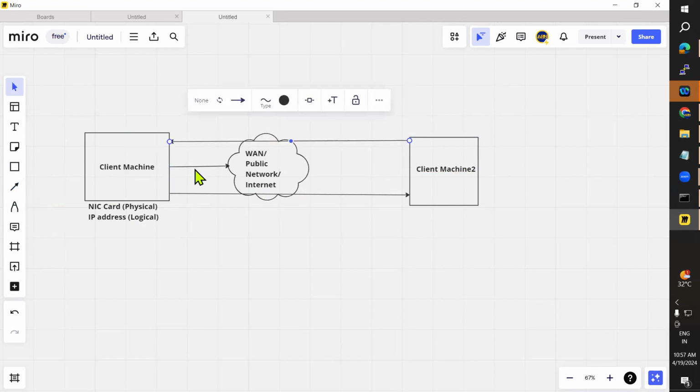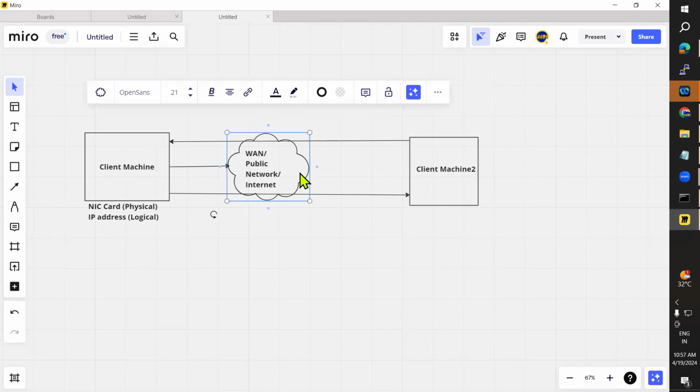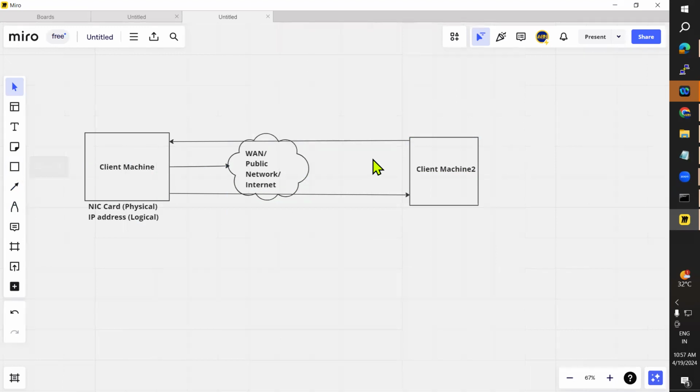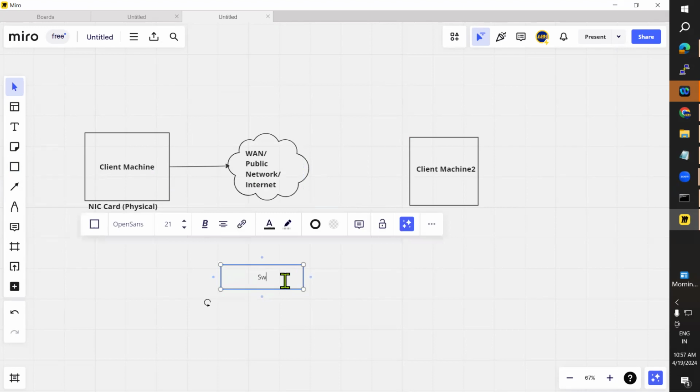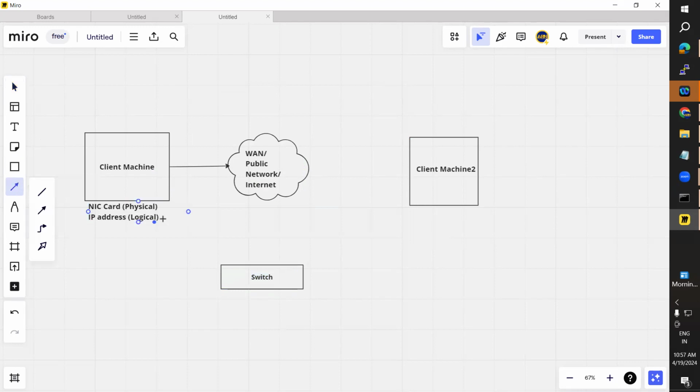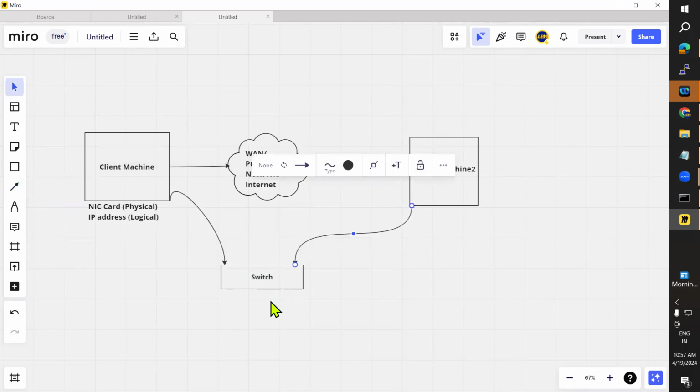But connection means cable. This is a switch. See, both machines are connected to the switch. Now, both have a physical communication.